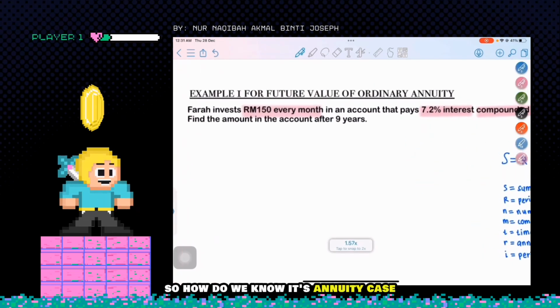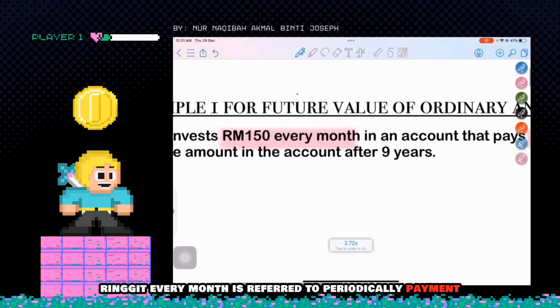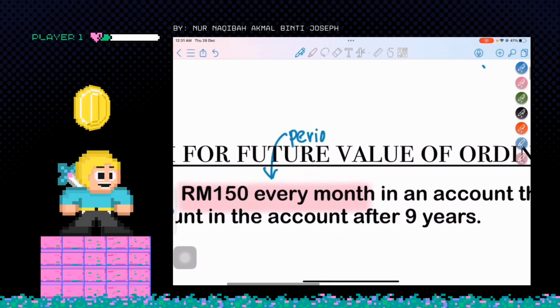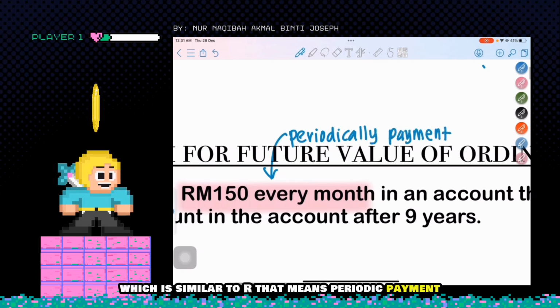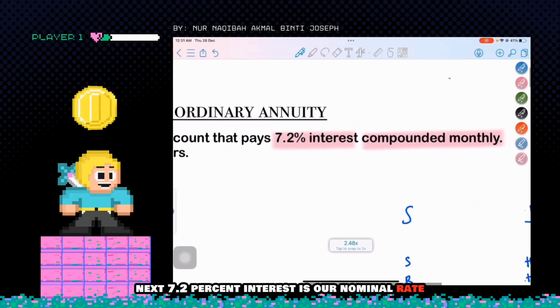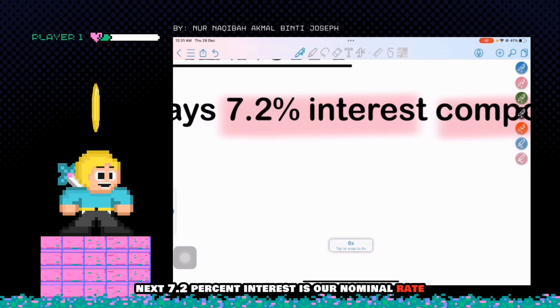So how do we know it's an annuity case? 150 ringgit every month is referred to as periodic payment, which is similar to R. Next, 7.2% interest is our nominal rate.